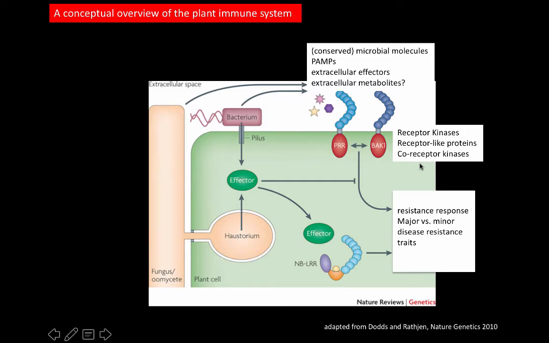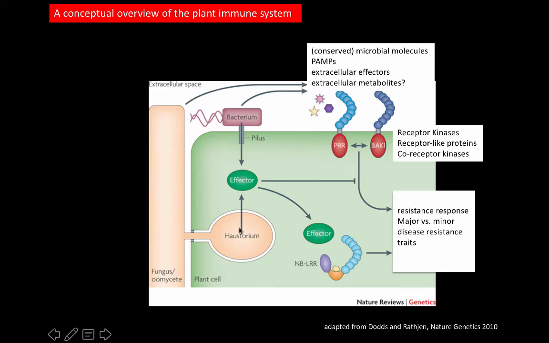When the main receptor recognizes the molecule, it initiates a signaling cascade via phosphorylation at the kinase, and this leads to defense signaling. This can be either major defense signaling, so the plants are fully immune, or a minor disease resistance, as it's called in agriculture, with only a small contribution to being not fully susceptible, but only half susceptible.